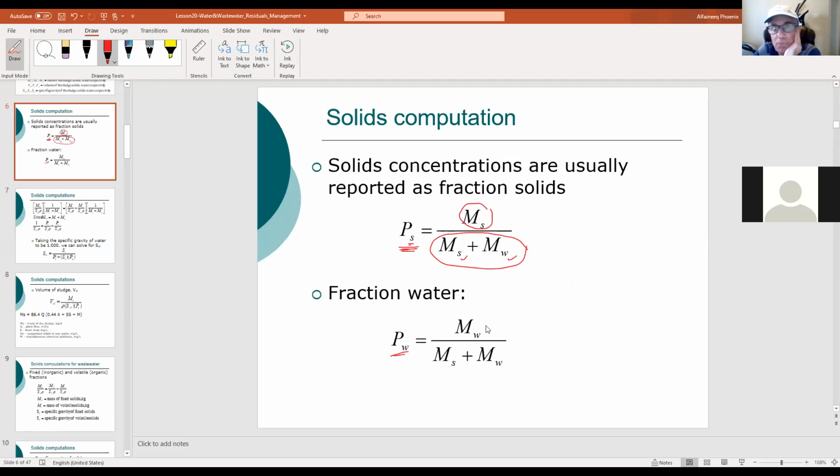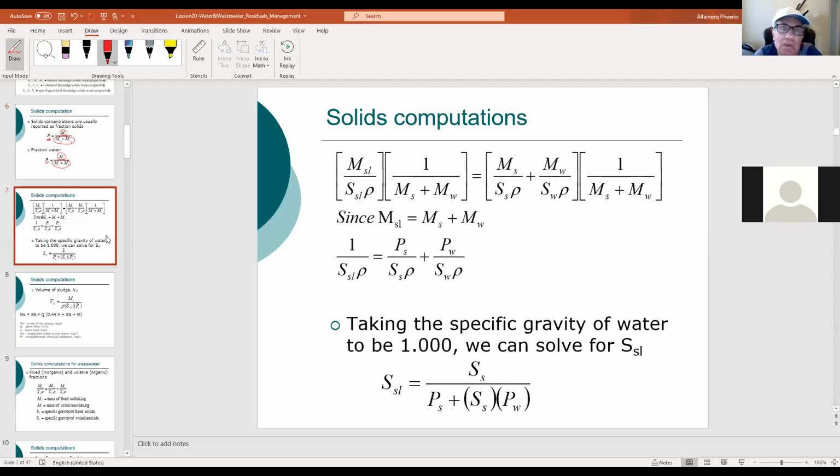Well, it's the same, but you're going to find the mass of water divided by the total again. So these are another two sets. Now you put them back in that formula and do some kind of massage here. We are not going to do that, but you get this formula that is also needed.